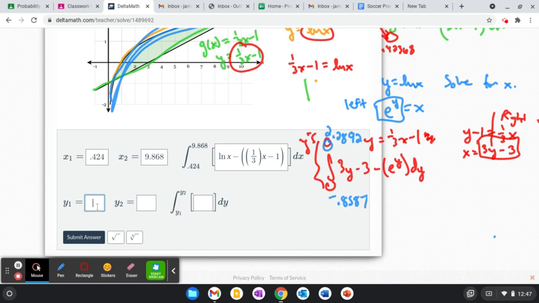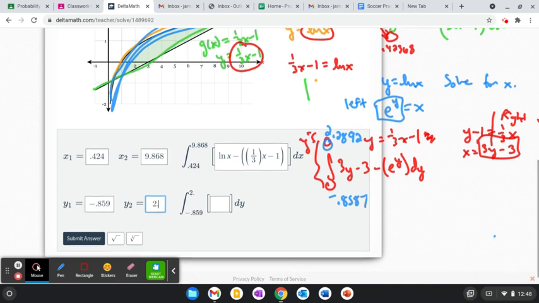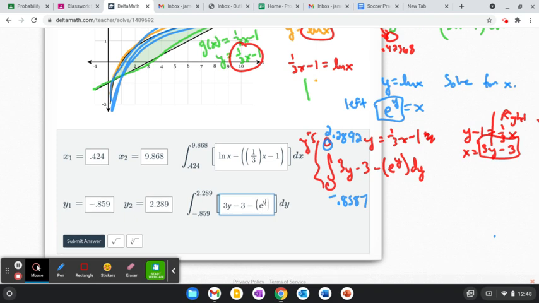Again, rounding to the nearest thousandth, so y1 is negative 0.859, and my y2 then is 2.289. And then I'm going to type this in terms of y, so 3y minus 3 minus e to the y. And I already got my dy.